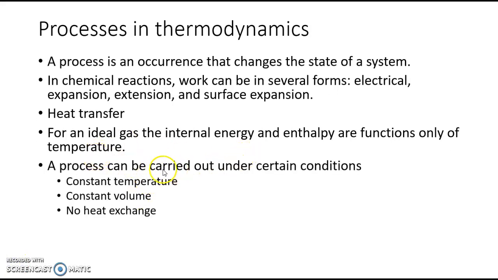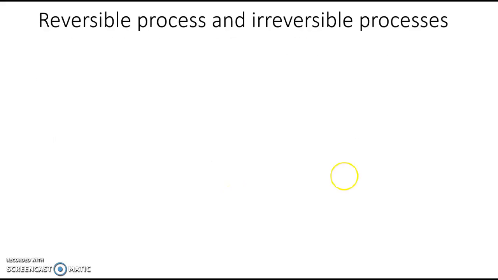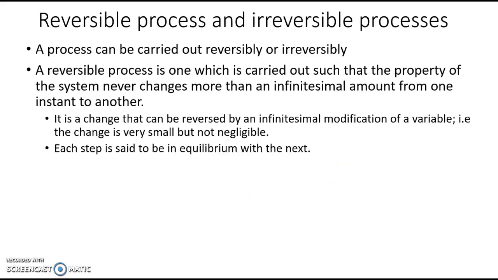A process can be carried out under certain conditions, such as constant temperature or constant volume, and we have different equations arising from that. We will consider each of these conditions separately. Then a process can also be carried out reversibly or irreversibly.